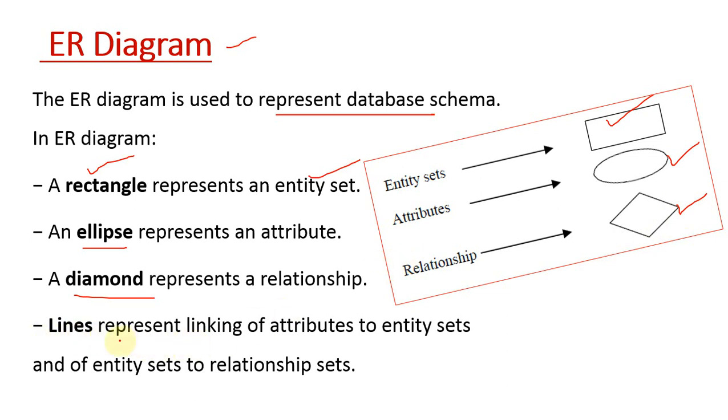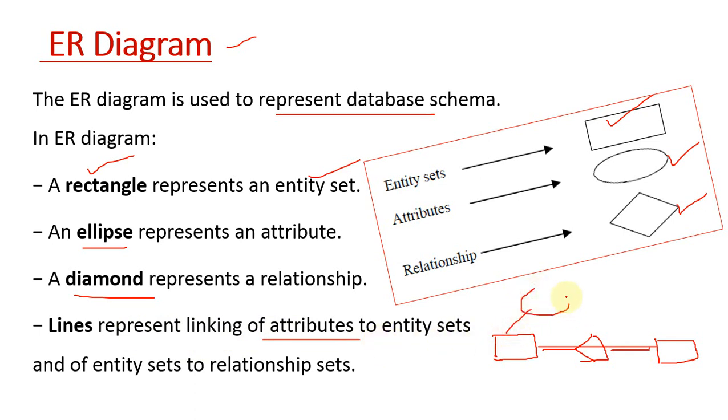And lines: this may be the entity type set, this is one entity set. In order to connect these two things, connection lines are used.